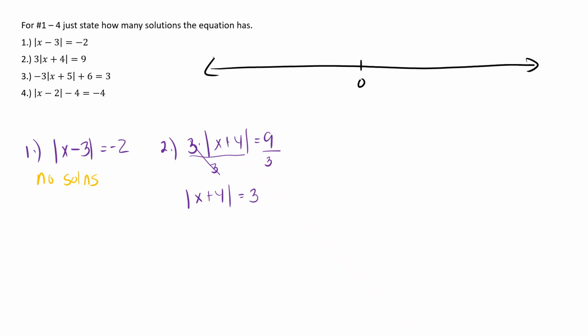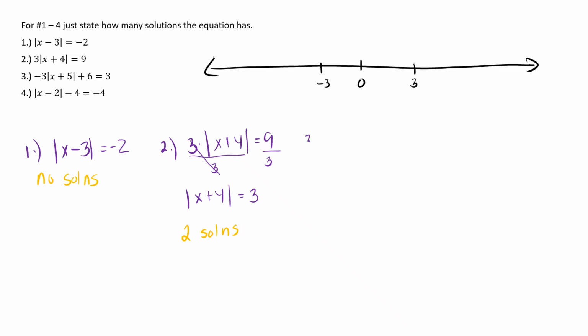And so on our number line, we now have the distance from 0 is 3. And there are two numbers that have a distance from 0 of 3. Therefore, there will be 2 solutions. Okay, we don't have to go through the rest of it where we find what those solutions are. Just there are 2. Next one.